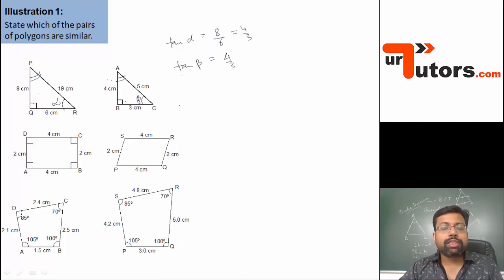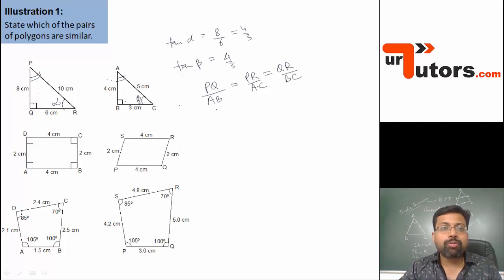So here we see that the figures have the same number of sides, and the angles are also equal. The third criterion was to check whether their corresponding sides are proportional. We have to check if PQ by AB is equal to PR by AC is equal to QR by BC.